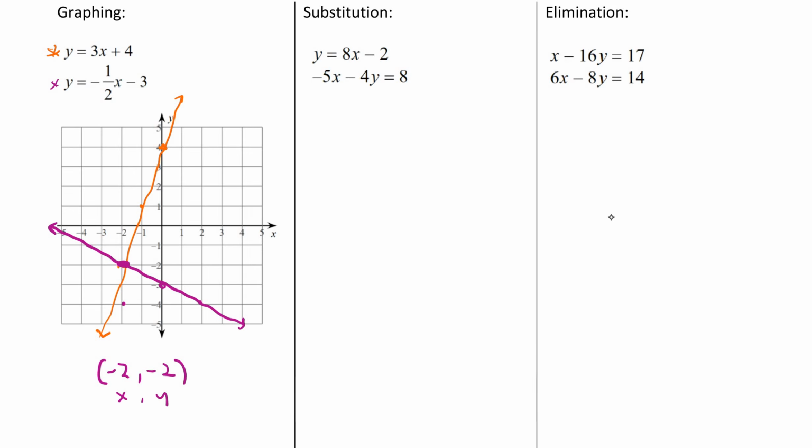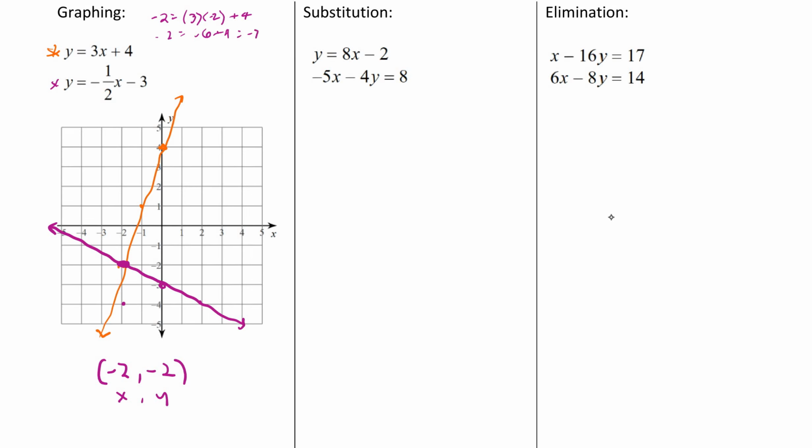It's always in alphabetical order. So that's the solution. If I want to see if I'm right, I can go ahead and plug -2 into each of my equations. So if I plug in -2 for x, and I do 3 times -2 plus 4, that does work because that gives me -2 equals -6 plus 4.